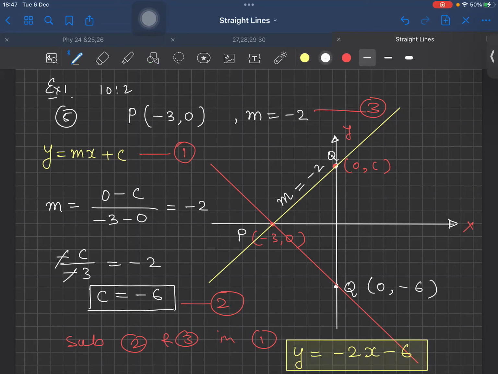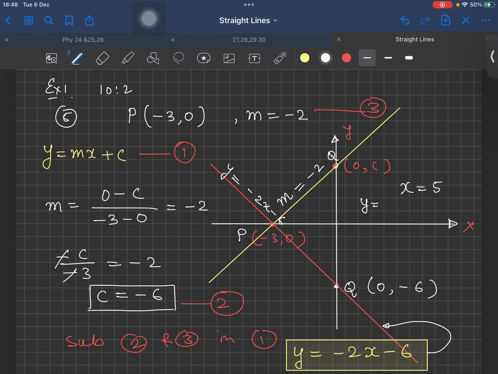See, you just need to get that. This is the equation of this line. This line will always be defined by y is equal to -2x - 6. So you put any value of x. Let's say x is equal to 5. So what will you get for y from here?